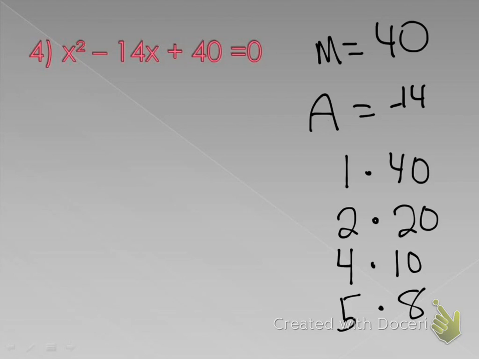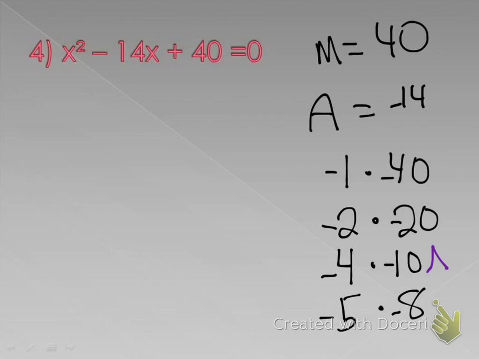If you're multiplying to a positive number, both numbers have to have the same sign. But if they're going to add to be a negative, that means that they both need to be negative. So go through on your factor list, or in your head if you're just using your factor sheet, and make everything negative. Now check to see if any of those give you negative 14 when you add them.